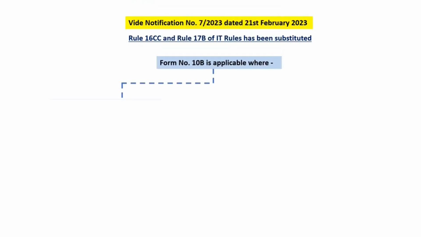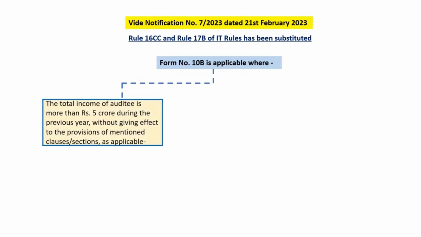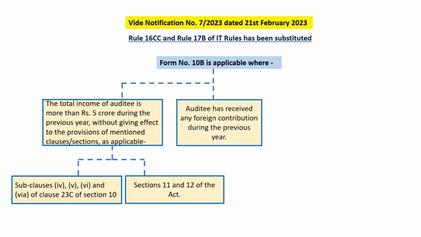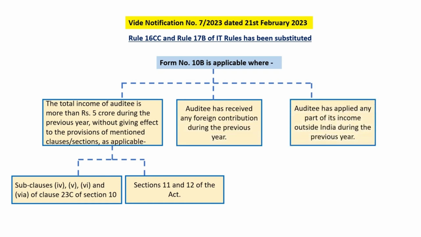Vide notification number 7/2023 dated 21st February 2023, for assessment year 23-24 onwards, Rule 16CC and Rule 17B of the Income Tax Rules have been substituted to provide that Form 10B shall be applicable if the total income of the auditee will be more than Rs 5 crores during the previous year without giving effect to the provisions of Section 10(23C), Clauses 4, 5, 6 and 6A and Section 11 and 12 of the Income Tax Act as applicable, or if the auditee has received any foreign contribution during the previous year, or the auditee has applied any part of its income outside India during the previous year.